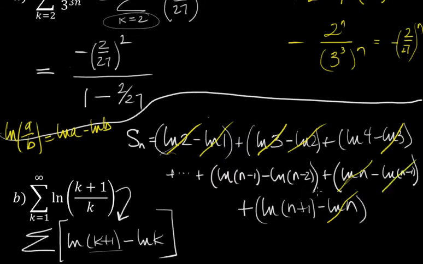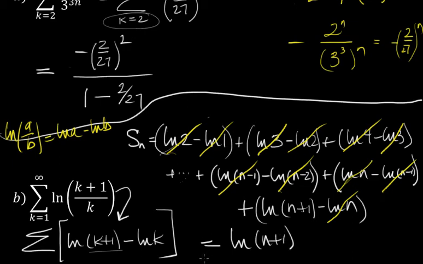And the natural log of n minus 1, the second one, will cancel with the first one in the pair before it. And natural log n minus 2 will have canceled in the pair before that. Natural log 4 will have canceled with the second one in the pair right after it. So what we have after you cancel everything out is simply the natural log of n plus 1.